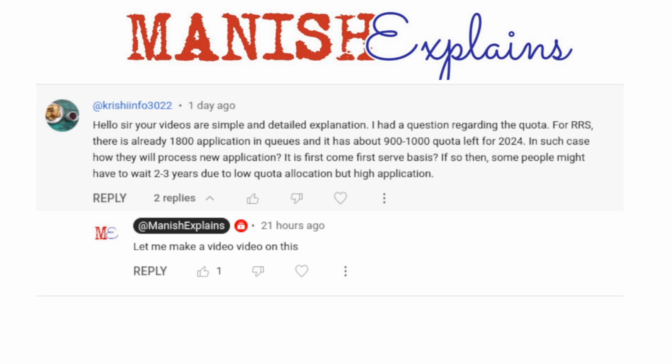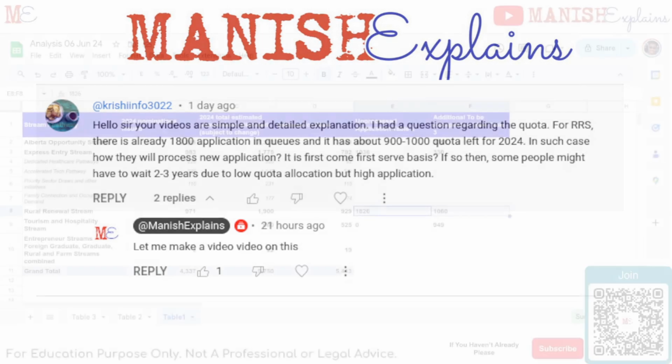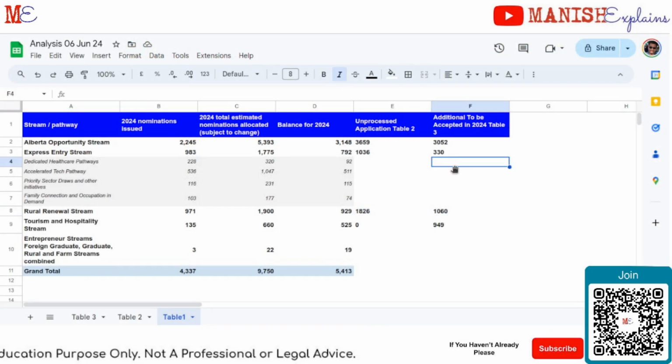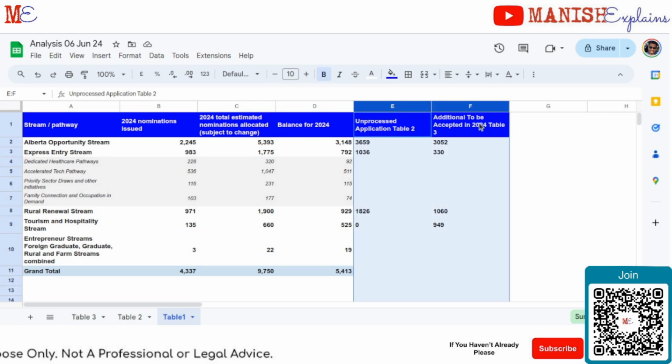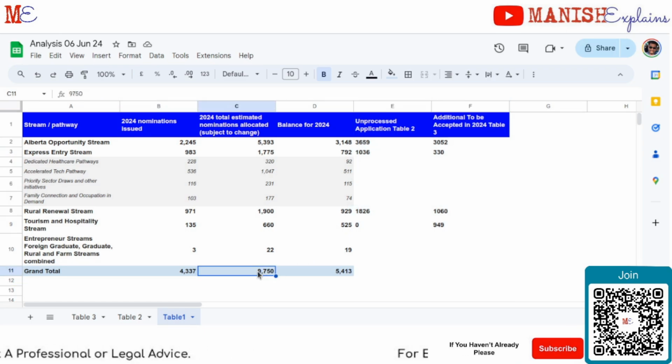So he asked this question, and the way that I read it is that these two columns are only applications. When AAIP says it is issuing 9,750 nominations, it doesn't mean it gets only 9,750 applications. I would easily say it gets more than twice or thrice this number.